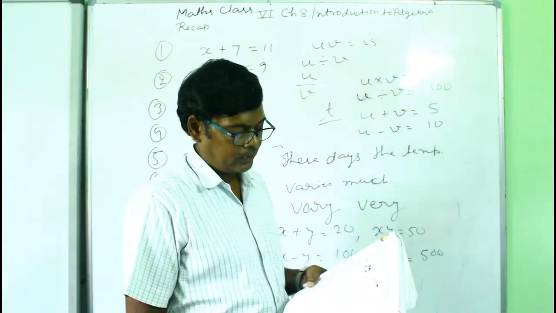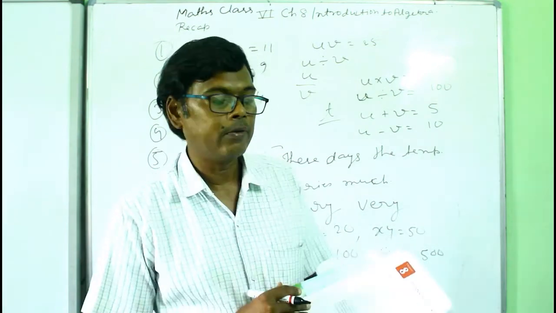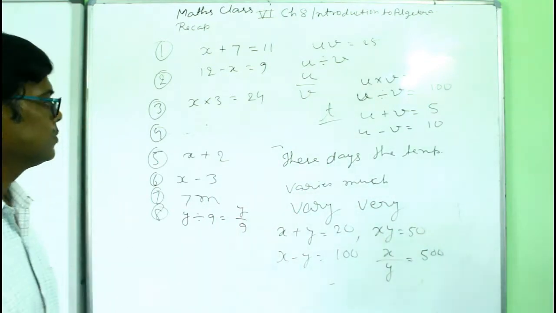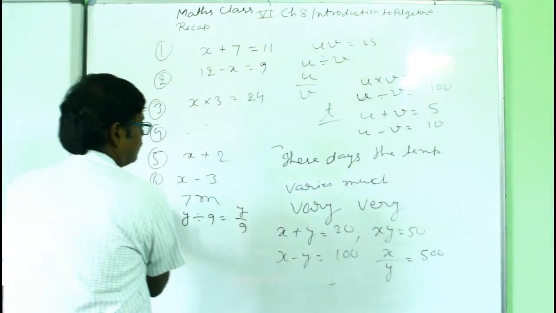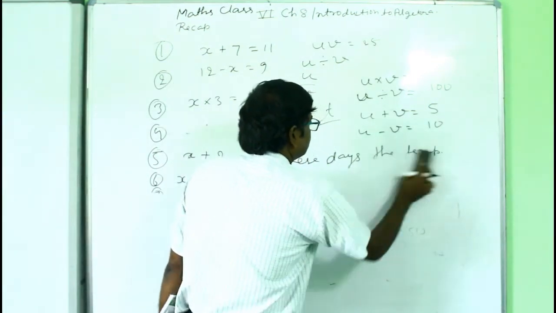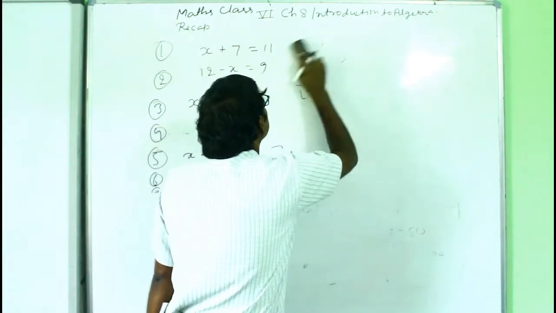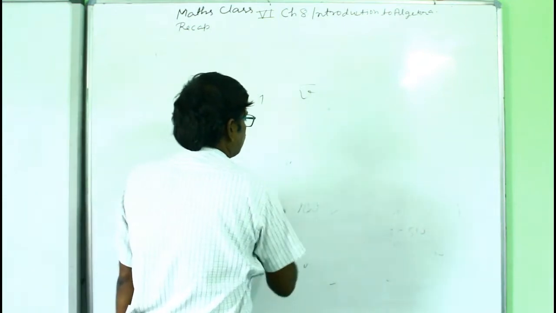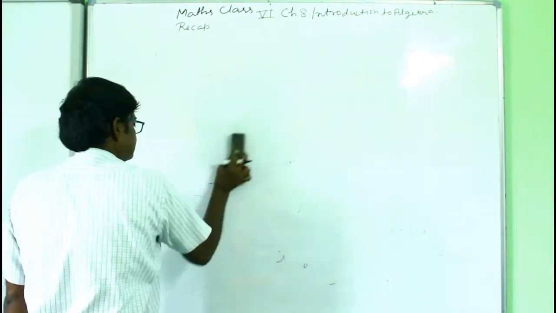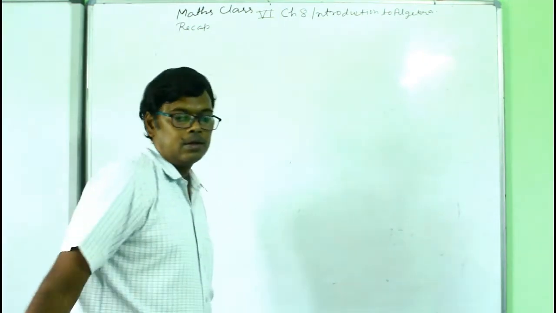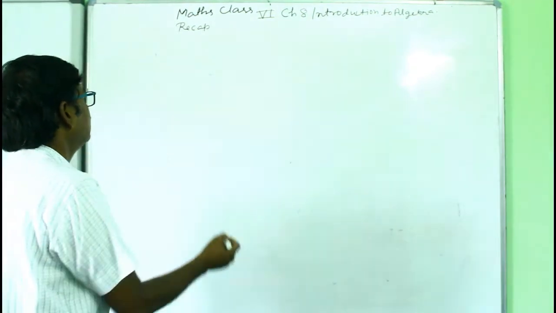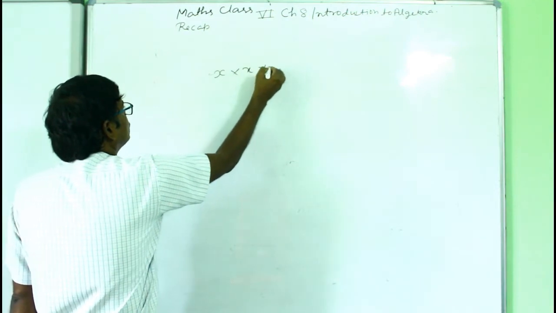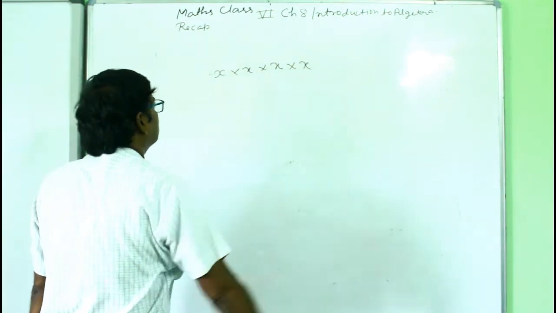Then here also you have the power of a variable. Okay, power of a variable. For example, here you have x into x into x into x. यहाँ पर चार बार लिखा हुआ है x.